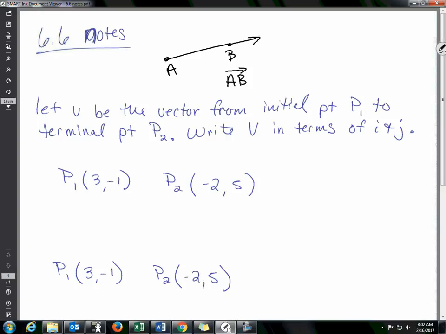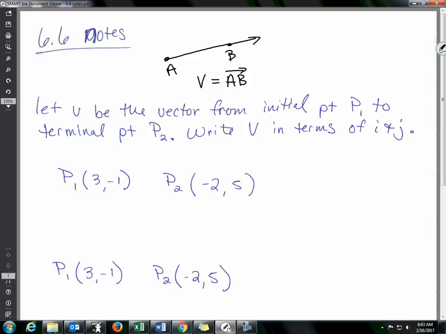That looks like a ray, and you could say vector V is AB, is ray AB, and then if given certain values for A and B, you can find the magnitude of this vector V.